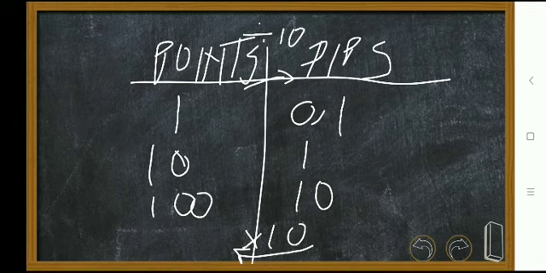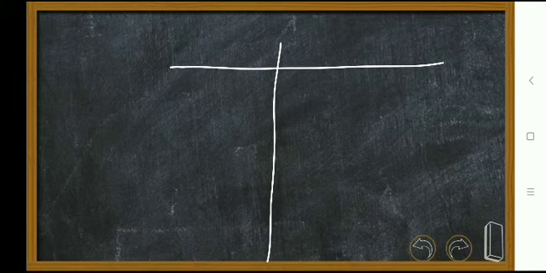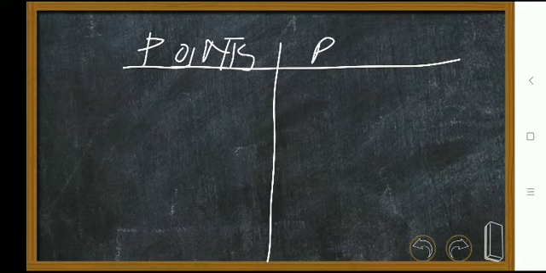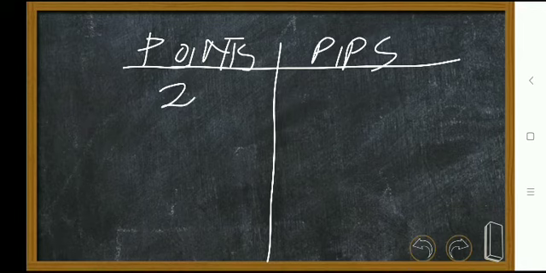Let's make further examples. We have points in here. We have pips in here. Let me just say 2. You can do like the first example whereby you figure out pips.